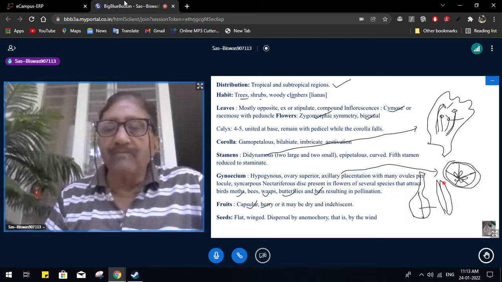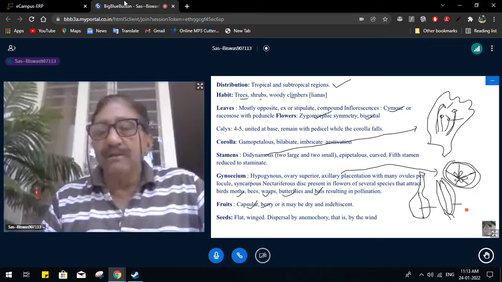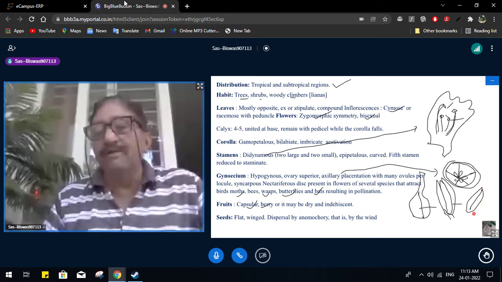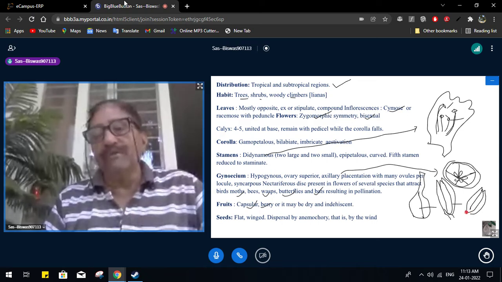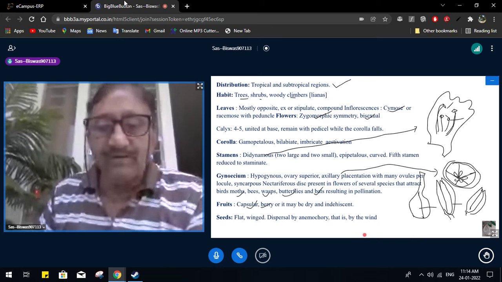So there may be as many as 5 chambers. So it may open like this. But what I have noticed here is that only a pair remain there. Rest of them do not open, and that makes the other side of the capsular fruit. So this is what we do find here.